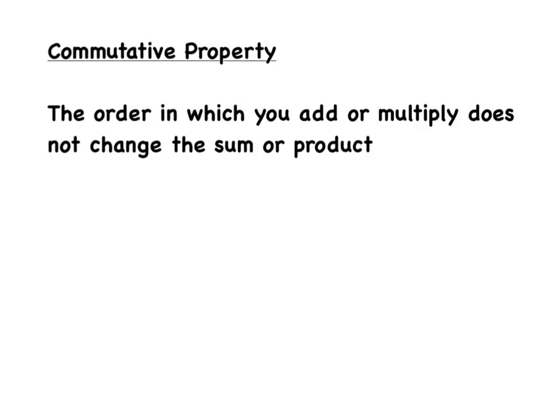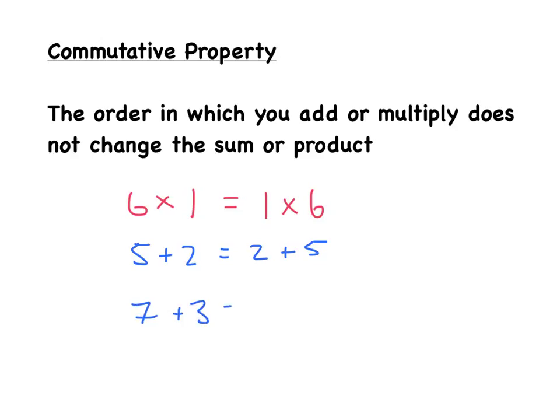So for example, 6 times 1 is going to be the exact same as 1 times 6. 5 plus 2 is the exact same thing as 2 plus 5. 7 plus 3 is the exact same thing as 3 plus 7.